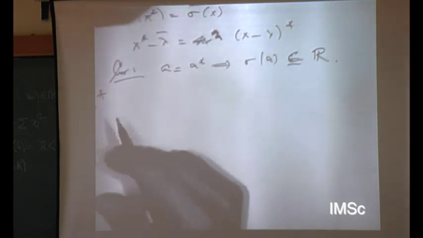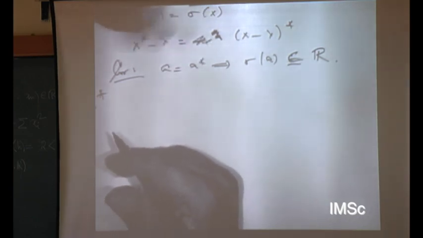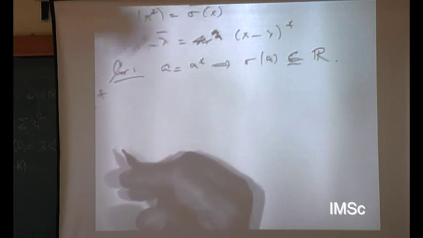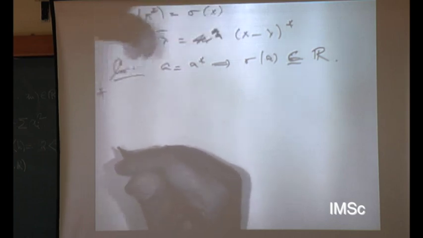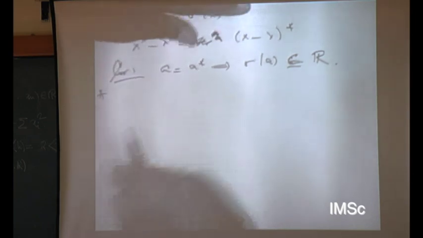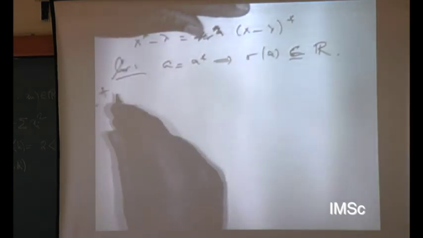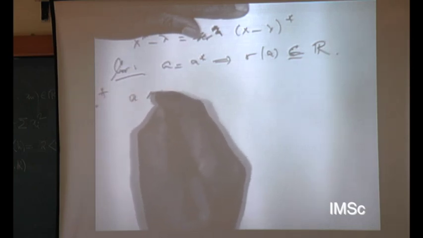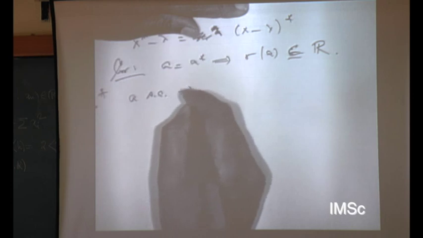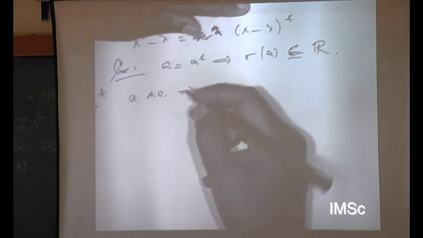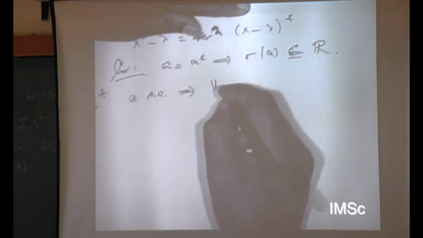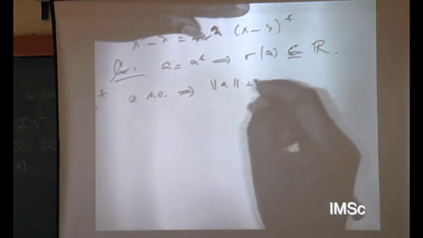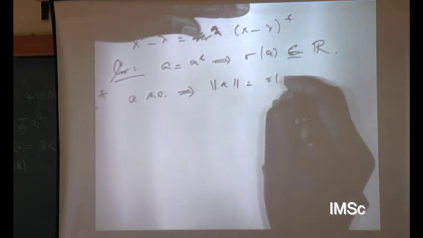So if you can modify this to work for normal operators, then we'll have a correspondingly simple proof of the spectral theorem for normal operators. Okay. So it says that A self-adjoint implies norm A equal to the spectral radius again.